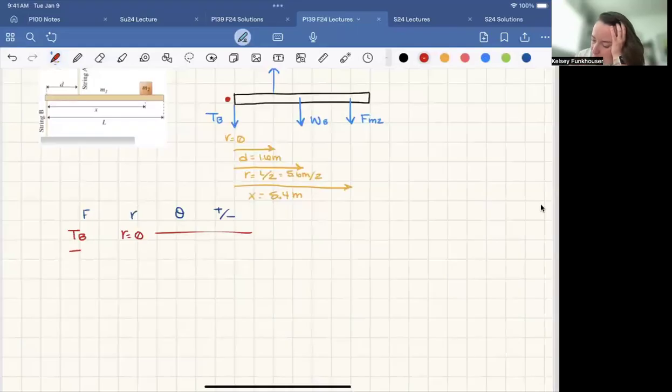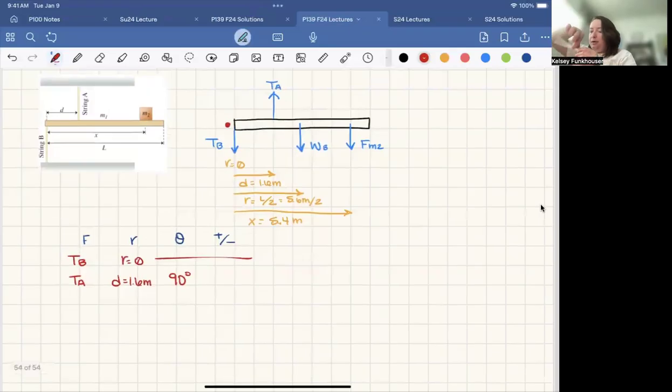And then we have tension A, which is at distance D, which is 1.6 meters. Angle is 90. And let's see, that would cause counterclockwise rotations. That's positive. Then we have the weight of the bar, which is at a distance L over 2, which is 5.6 divided by 2.